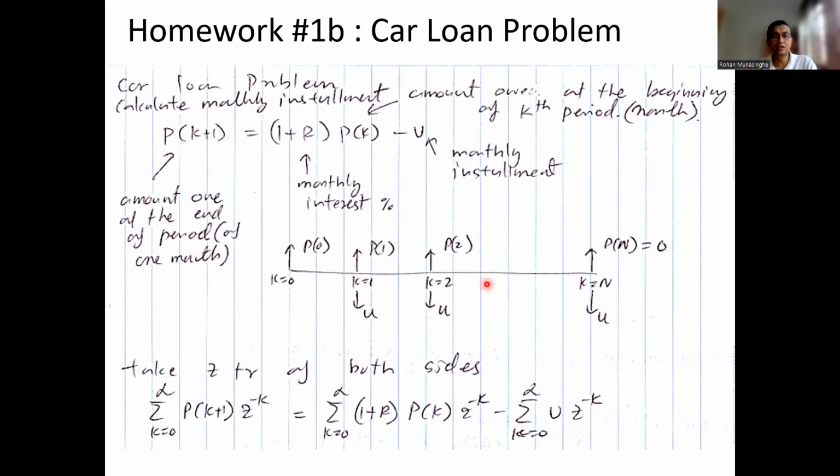So at the kth month, at the end of the month, you owe this amount. And the amount you owe before that month is at the start of the month. Pk is the beginning of the month, k plus 1 is the end of the month.